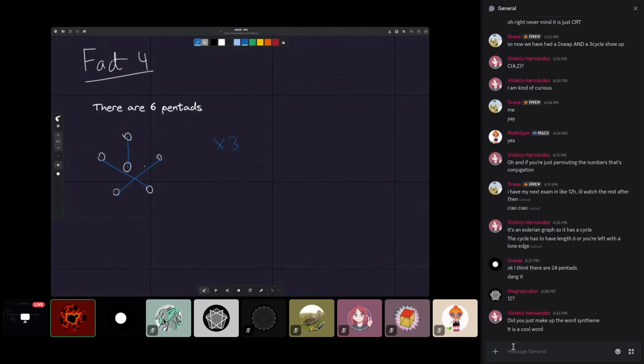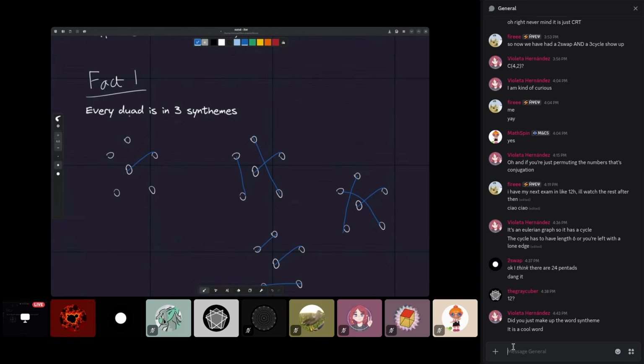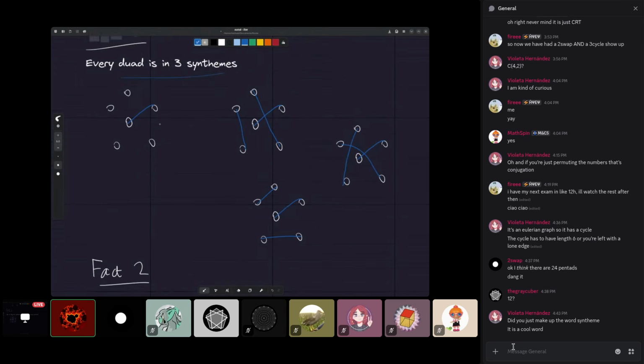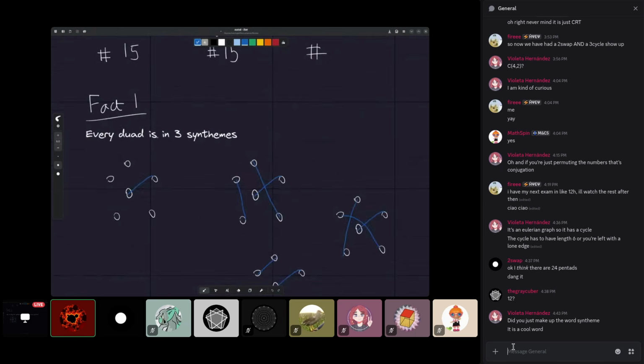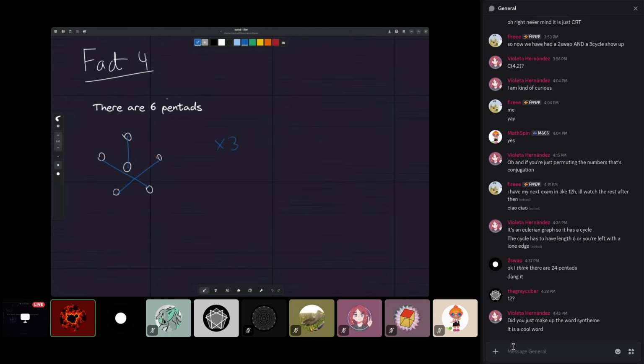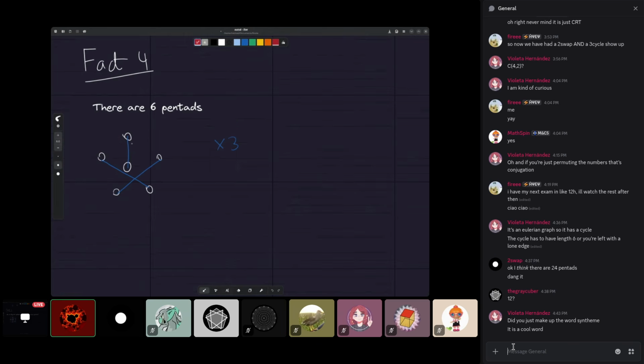And now, I think we had a fact. I guess that's using fact 1, but maybe we didn't. That is fine. The point is there's going to be 2 ways of extending this to a pentad. So why are there 2 ways?